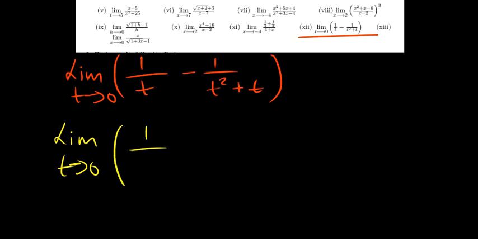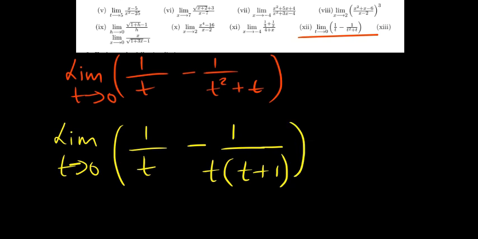So 1 over t. Now the other part, if I factorize out a t, I'm going to have t times t plus 1. Okay, so just trying to show you that if I'm going to come up with a common denominator there, it means t plus 1 is a common denominator. So if I'm going to divide by t, I'm going to remain with t plus 1.